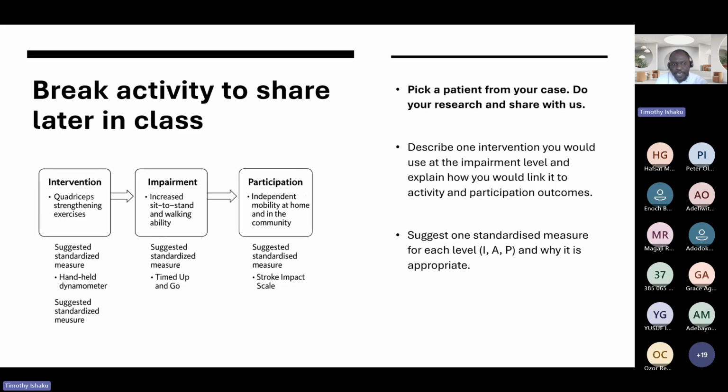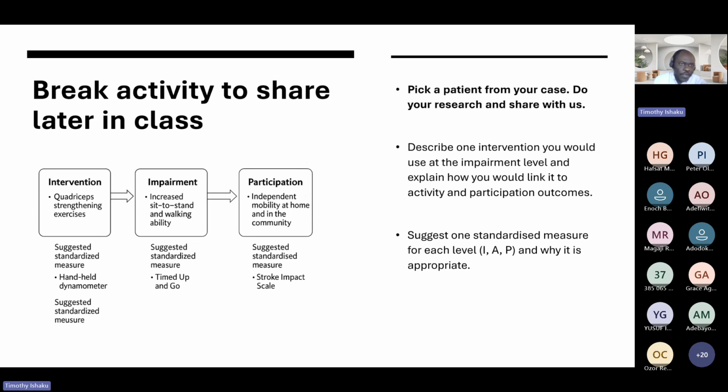Use the template that I've added. Pick a patient from a case, do your research, and then categorize the impairment from that patient to a case study, activity limitation and participation restriction.